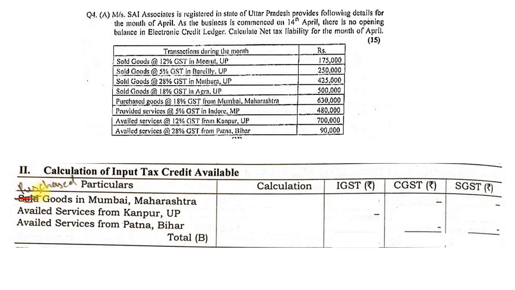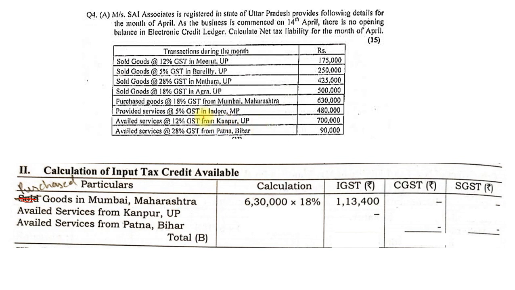Now again, same thing. If it is from the same state, tax will get divided in two parts. Different state, directly IGST. So purchase goods from Mumbai, 6,30,000. Mumbai and Uttar Pradesh are different states. So entire 18% on 6,30,000 comes to 1,13,400 in IGST. Avail service of 12% GST from Kanpur, UP.